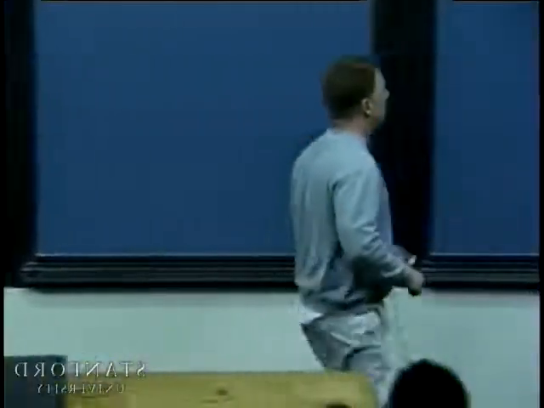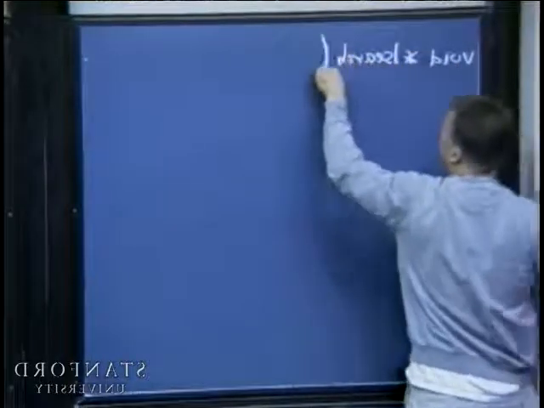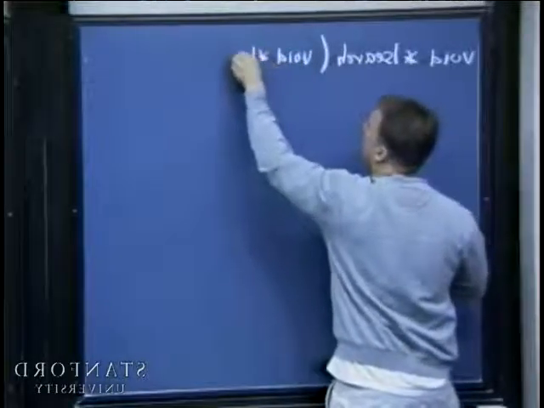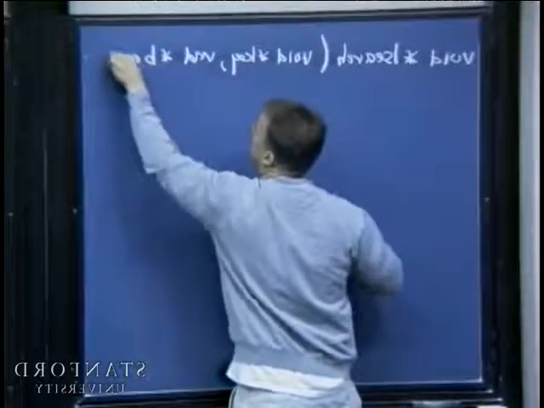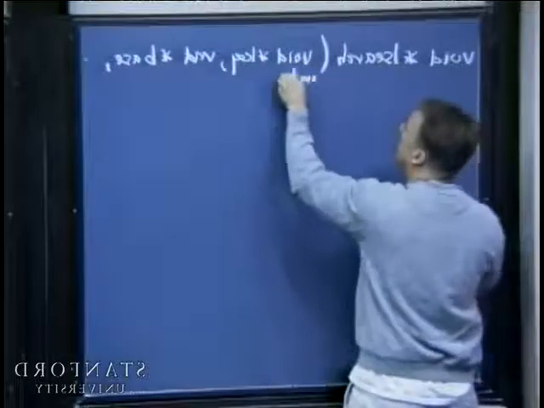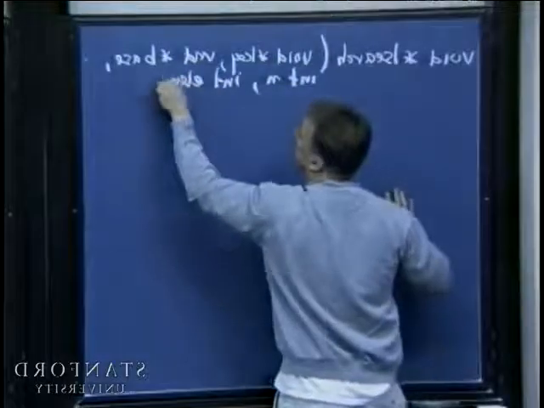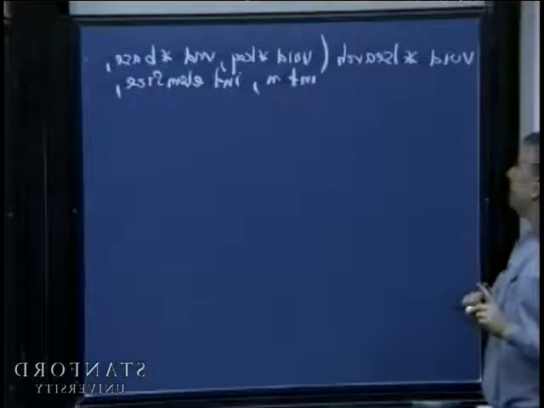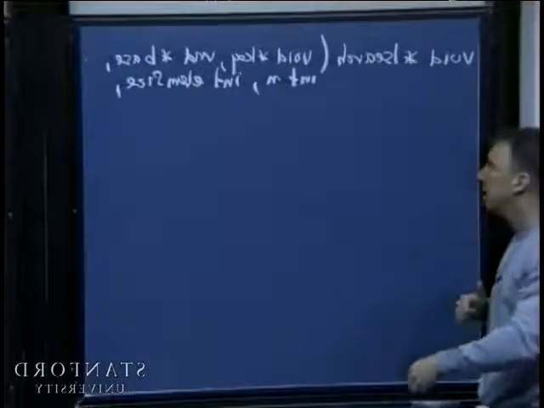So this is what I wrote last time. void *lsearch, and let's see if I can write the parameters out a little bit more neatly this time. void *key, void *base, int n is the length of that array, int elemSize is the size of the elements, and that's technically all the implementation of lsearch needs in order to figure out where the boundaries are between neighboring elements.